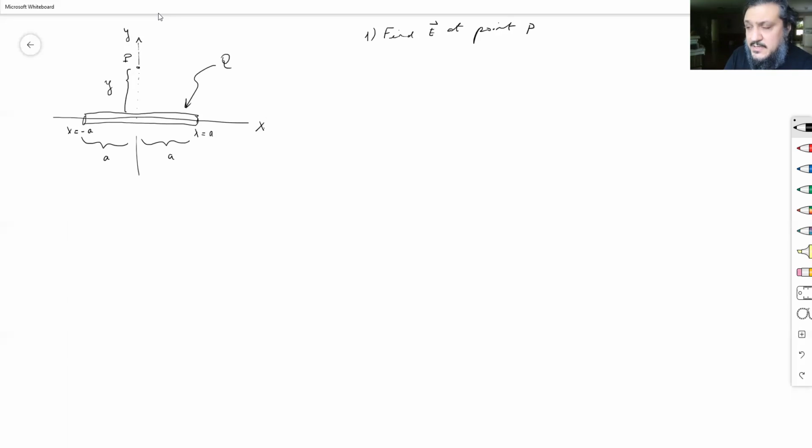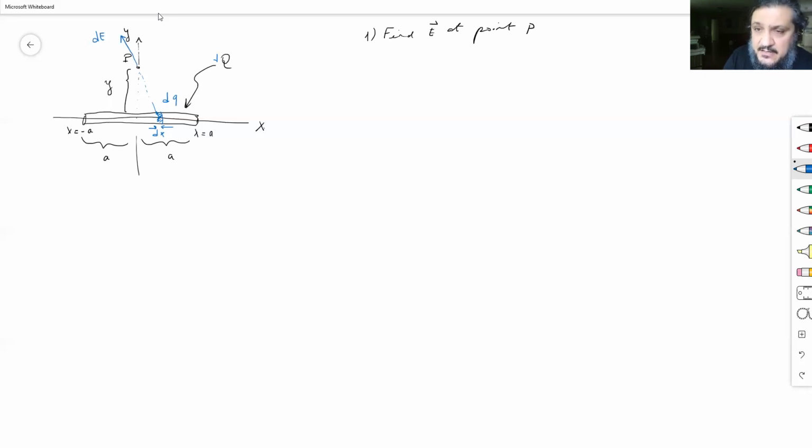So basically, we're going to consider an infinitesimal amount of charge right here, which is in a length dx, an infinitesimally small portion or section, which will have a charge dq, of course. And because of this dq, it's a positive charge, we'll have an electric field pointing away from dq in this direction. Let's call this dE.